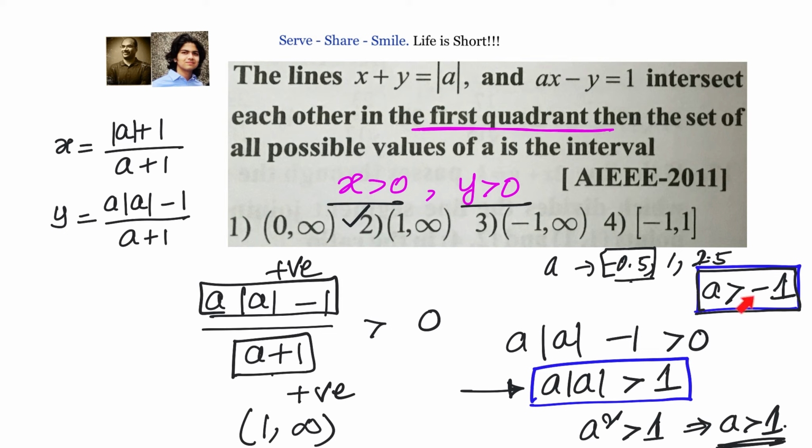Now we have a greater than minus 1 and a into mod a greater than 1. That gives us that a square is greater than 1. That means a is greater than 1. So 1 comma infinity: all the values of a between 1 and infinity, excluding the boundaries, will satisfy this condition that the lines will intersect each other in the first quadrant.